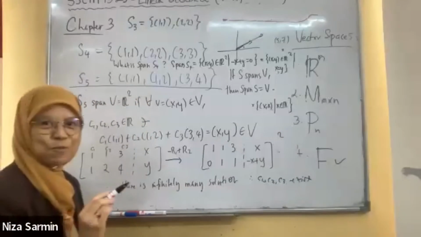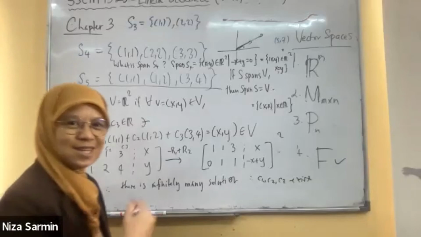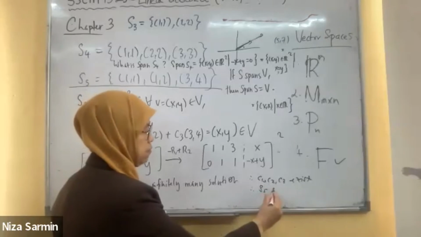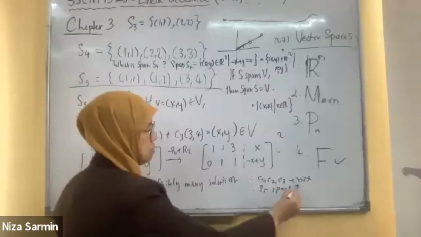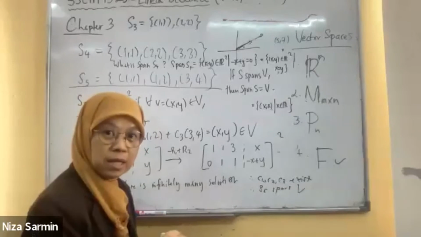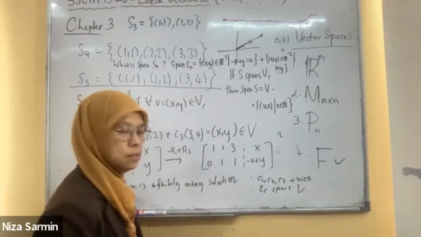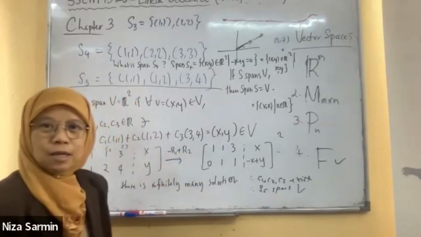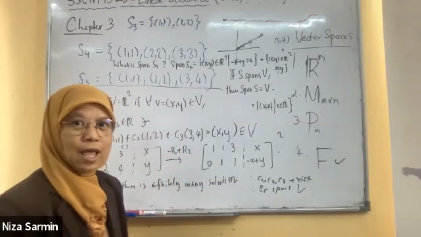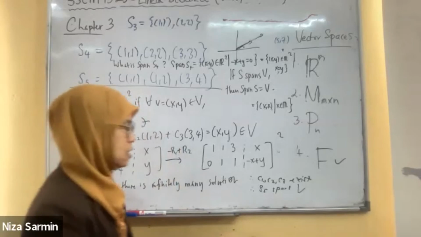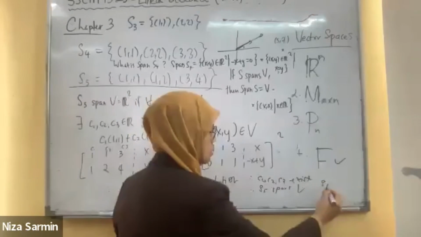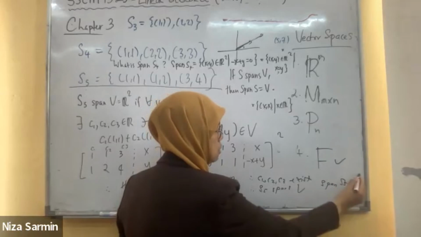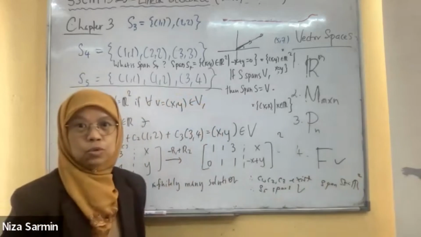But don't just stop at exist. You have to answer the question. So S5 spans V because it exists. That is my whole question. At the end, if it exists, what is the span? So you can write span S5 is actually the whole R2.